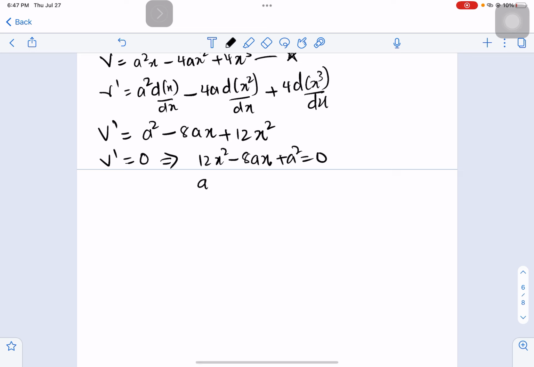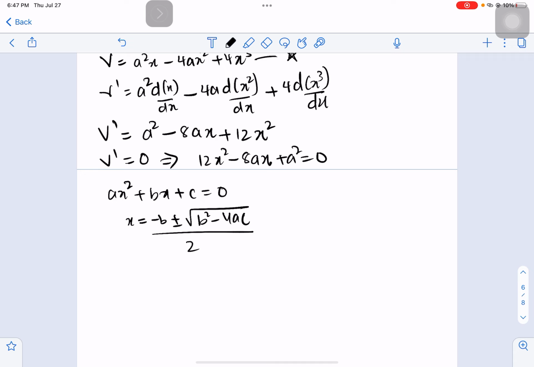Basically, what we know is that for a quadratic equation ax squared plus bx plus c equals 0, x is equal to negative b plus or minus the square root of b squared minus 4ac, over 2a.